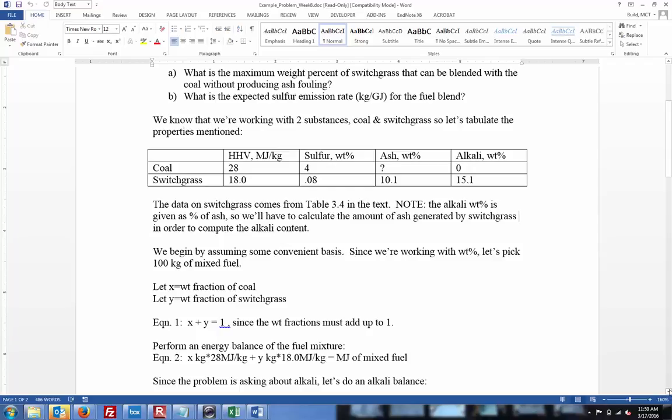Since the problem is asking, let's do an alkali balance.